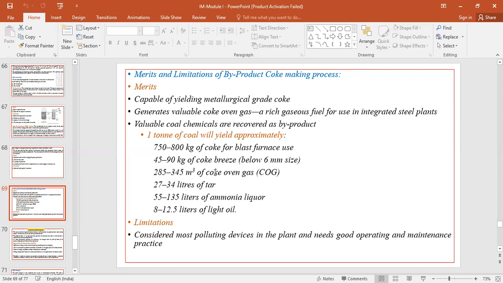porous coke obtained after coking, the metallurgical coke.